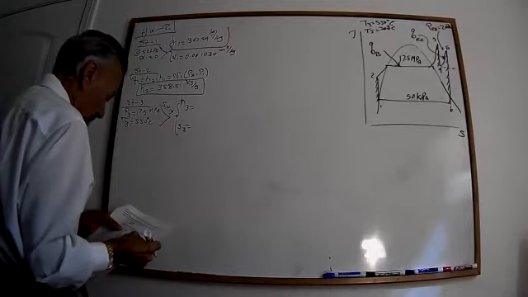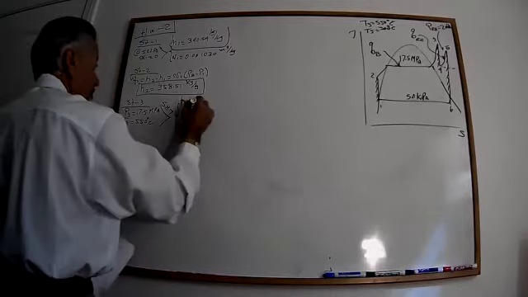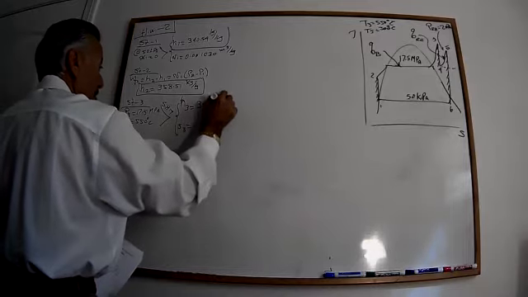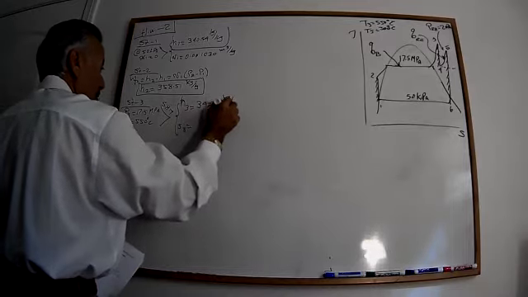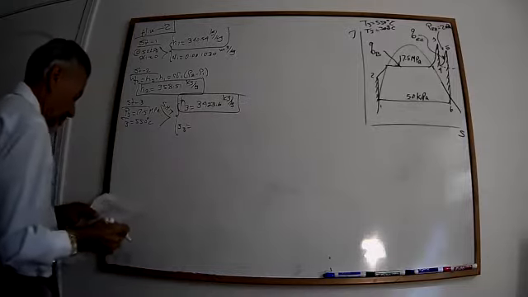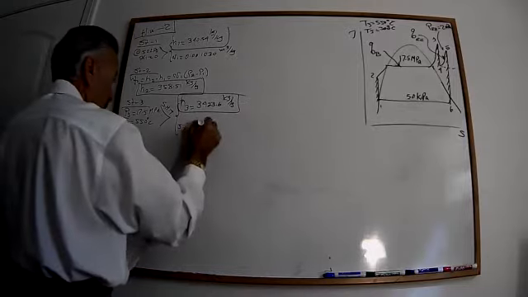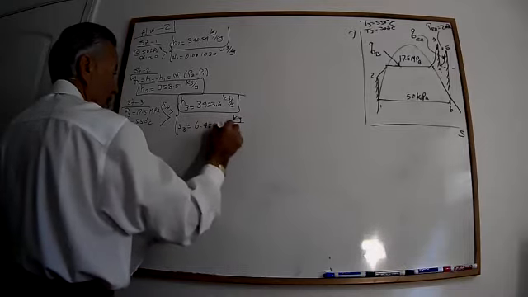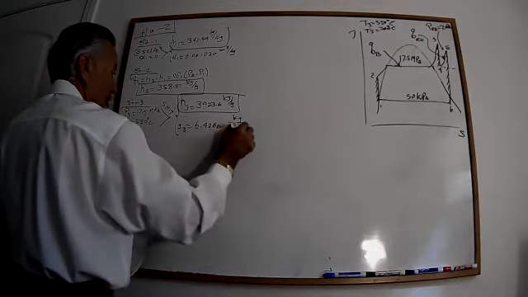The value of H3 from the table is 3423.6 kilojoule per kilogram. And the value of S3 is 6.4266 kilojoule per kilogram degree Kelvin.